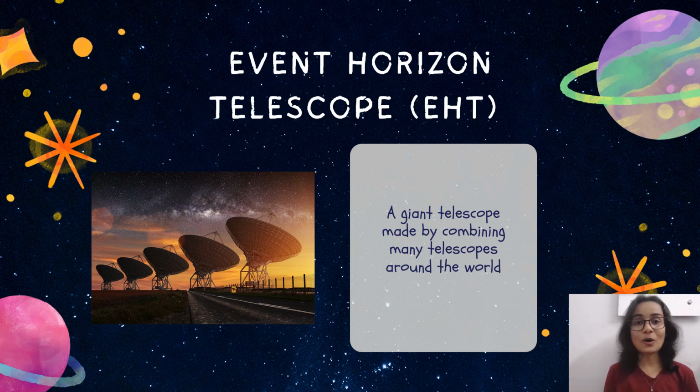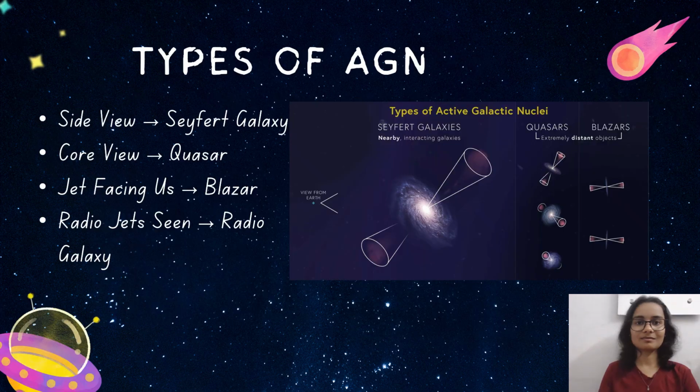This Event Horizon Telescope in 2019 first gave us the picture of a black hole. It is interesting, right? Using this telescope and the process of interferometry, we get data of our AGN.